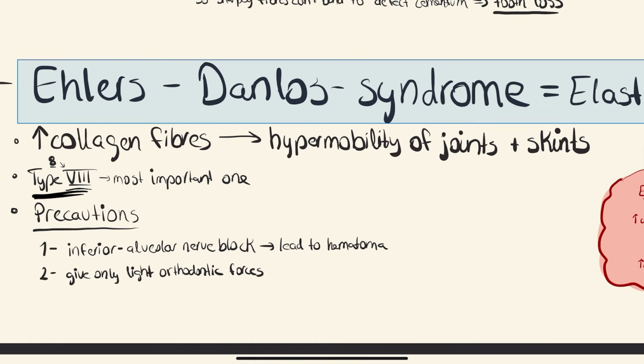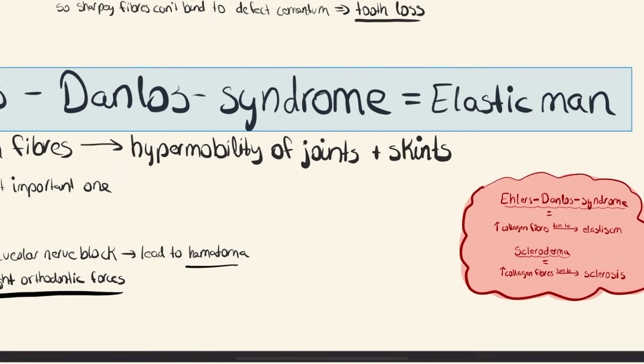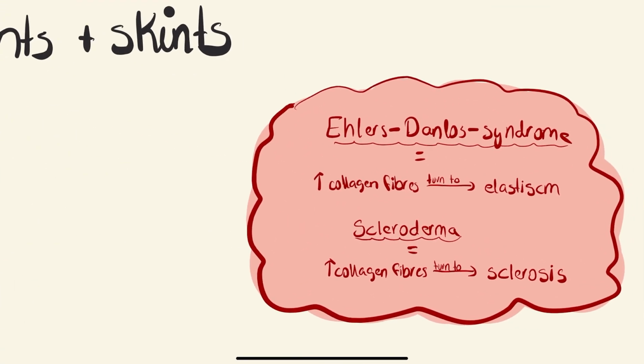What precautions do we have here? With the inferior alveolar nerve block, when we do it, it leads to hematoma, and we have to give only light orthodontic forces. Many people confuse between these two.